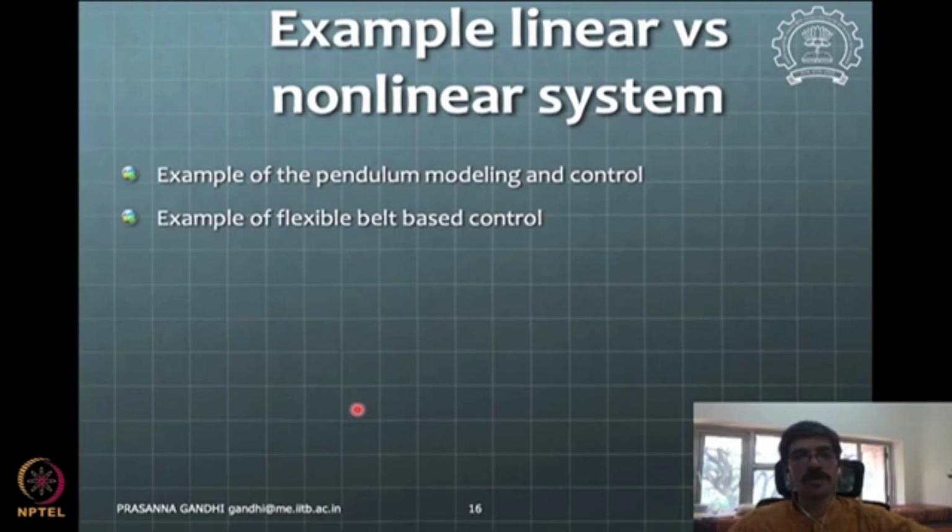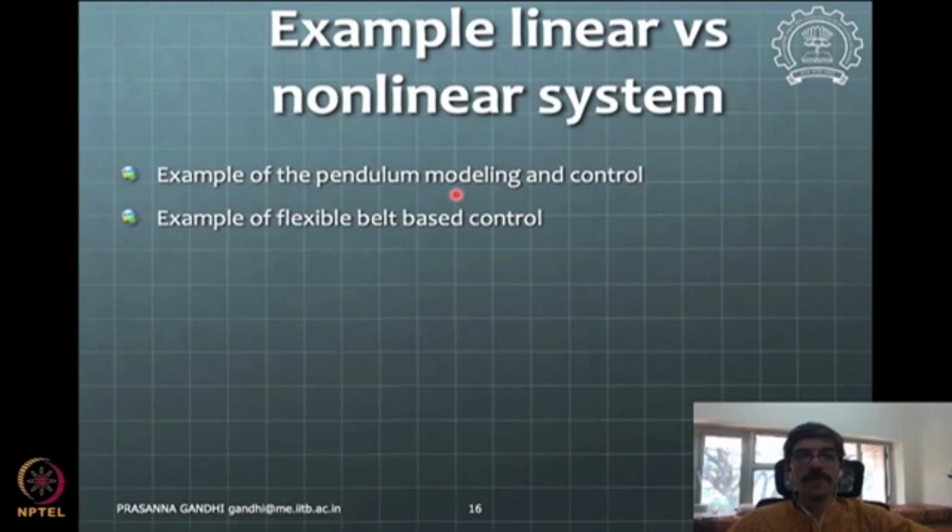The system which is nonlinear to begin with is the pendulum system. We all know it is nonlinear if you consider this theta for the pendulum to be not small, and then see what kind of ways we think of its control. And then another example, the flexible belt drive system that you modeled in the assignment problem.